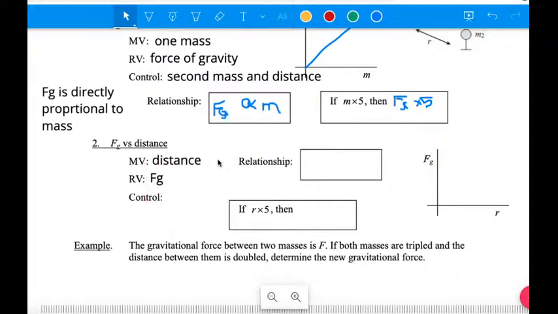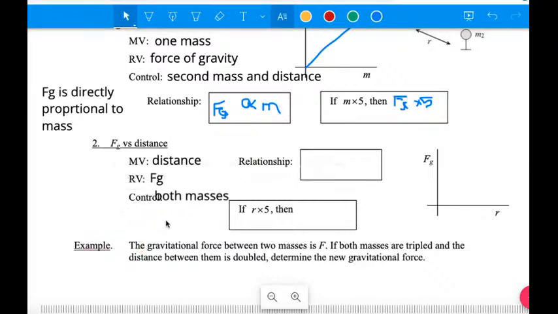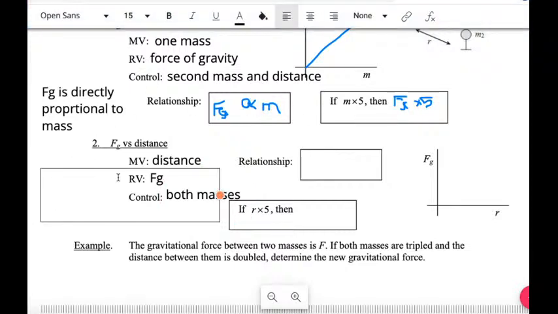We want to use the same masses for each of these, so those aren't changing the force of gravity. In a good experiment, you're only going to have one manipulated variable and one responding variable.